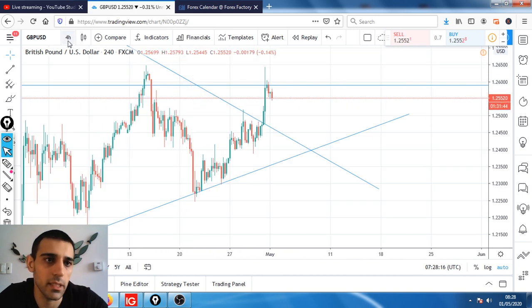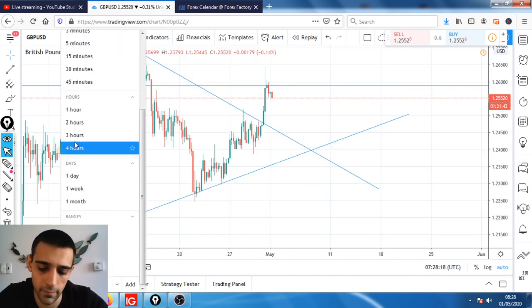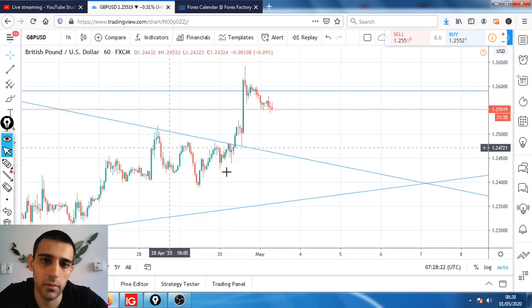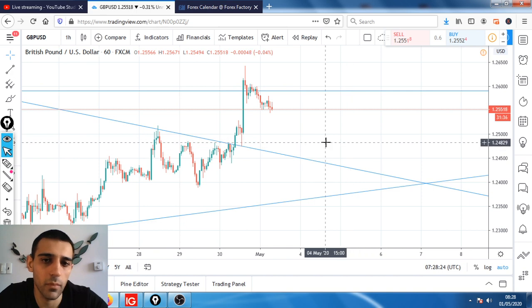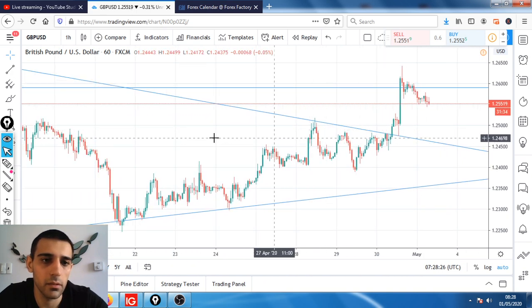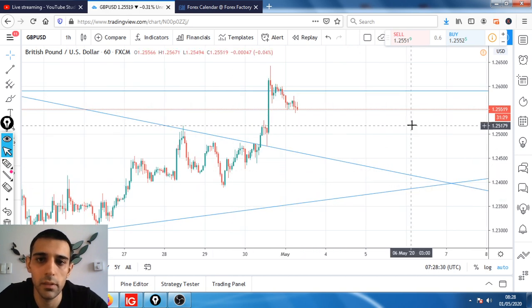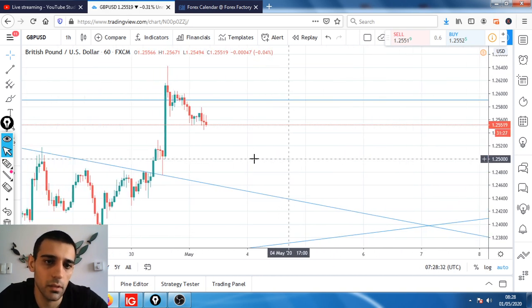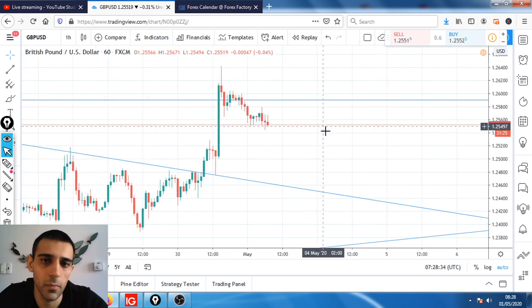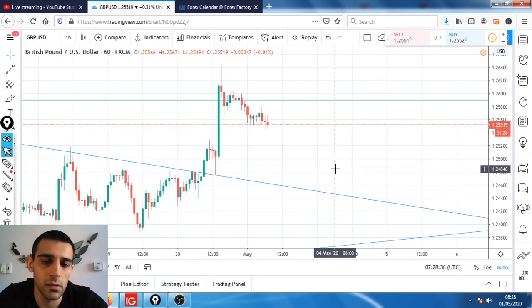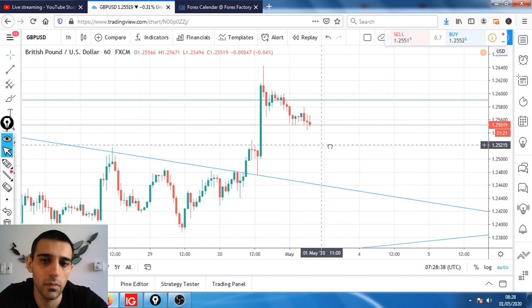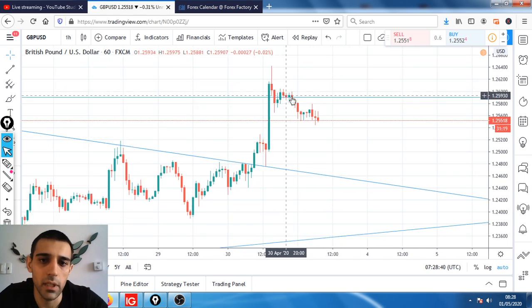So I need to go and see the 1-hourly time frame. Let's go to the 1-hourly time frame. Okay, that's what we have on the left. It's quite far. Yeah, we have this kind of flag.